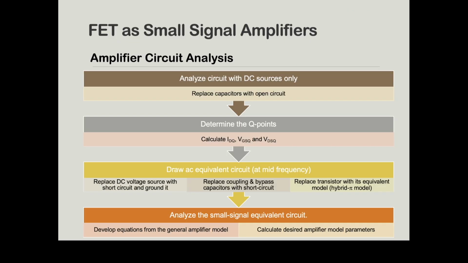So what are the steps for AC analysis in a MOSFET? First of all, you need to analyze the circuit with DC sources only. We start the calculation with the DC source, where you need to find the value of K if it is not given to you, and the value of ID if it is not given to you. Both of these you need to calculate, but if provided, you can solve straight away.